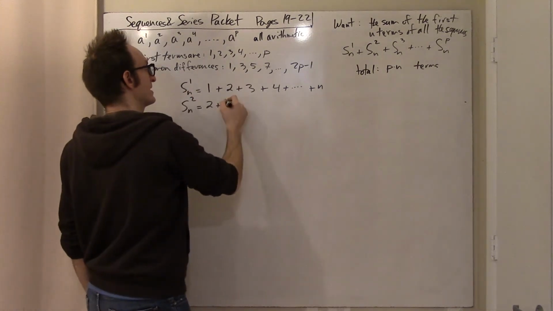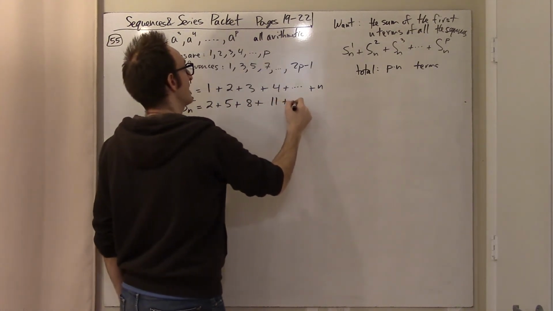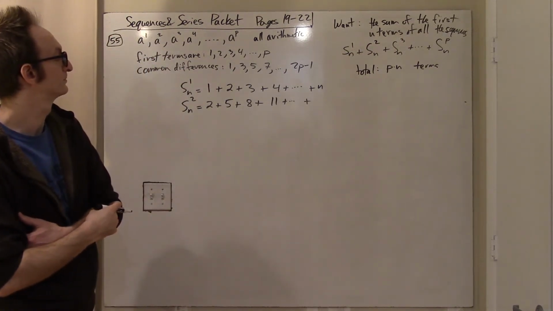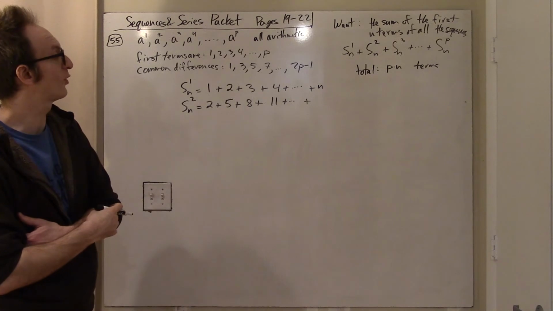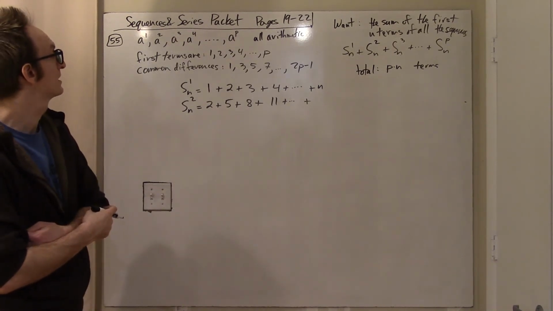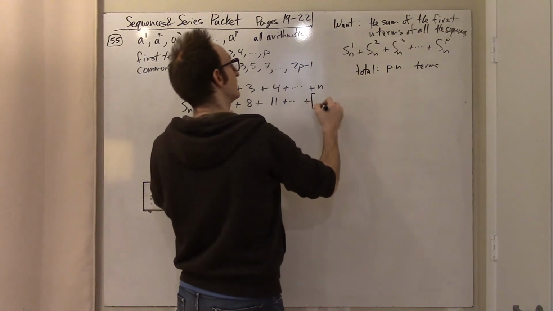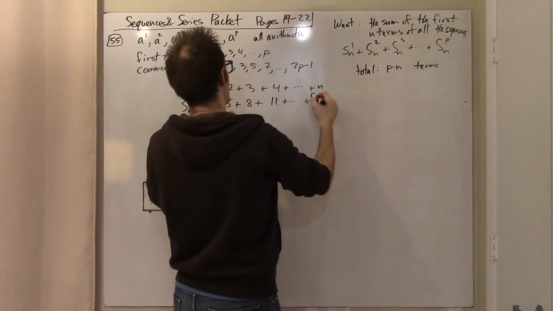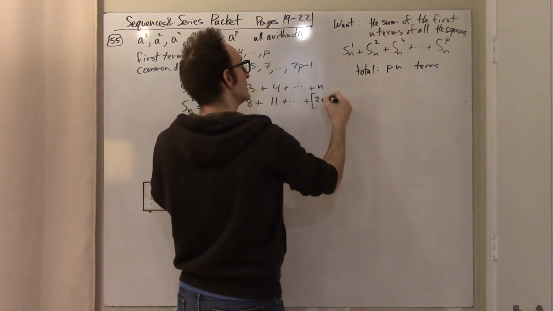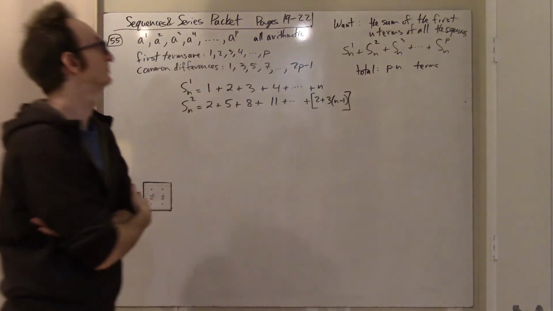So if I skip by 3, then that's 5, 8, 11, etc. All the way up till, well, what is the general form of the nth term now? It's going to be, well, I started with 2 and I added 3 n minus 1 times. So the nth term is going to be 2 plus 3 times n minus 1. Yeah, that's just right.